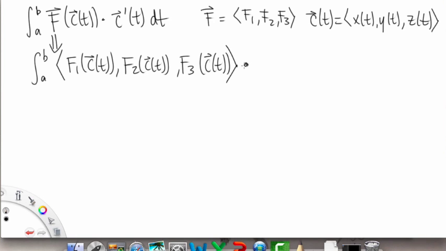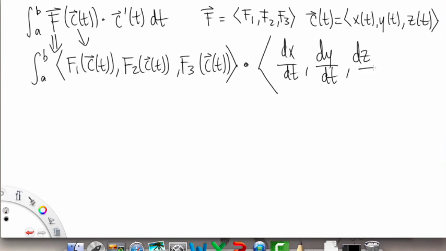I'm just breaking F down into its components. And then to get c prime of t, you take the derivative with respect to t of each component. So that would be dx/dt, dy/dt, and dz/dt. And then at the end we still have our dt sitting there.